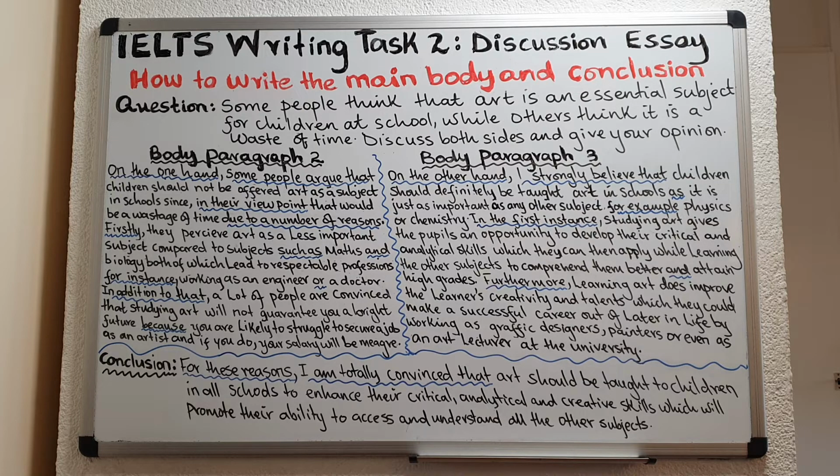After that, I'm going to begin writing about the reasons. On the one hand, some people argue that children should not be offered art as a subject in schools, since, in their viewpoint, that would be a waste of time due to a number of reasons.